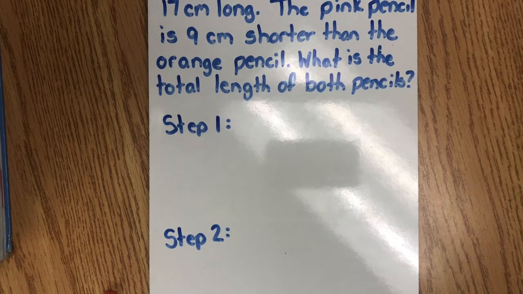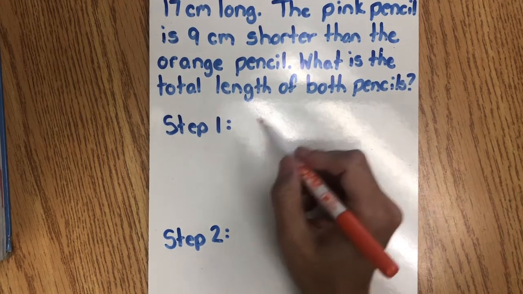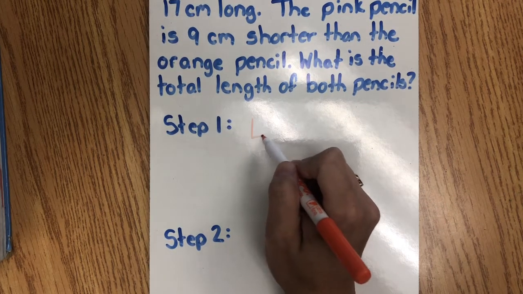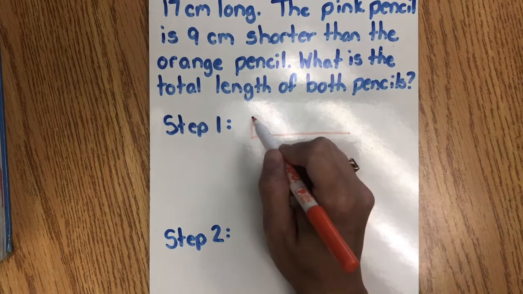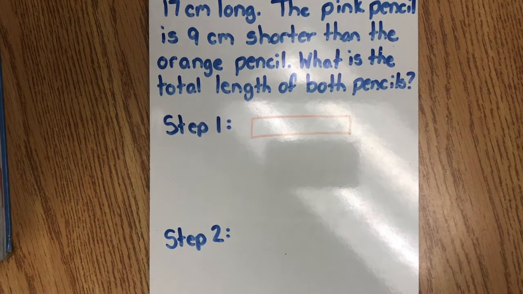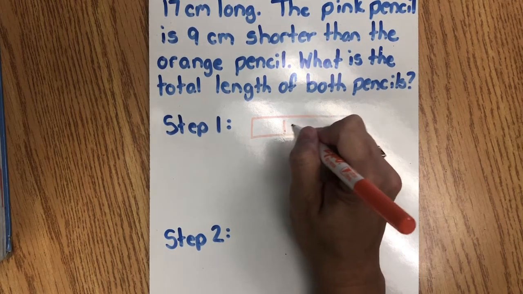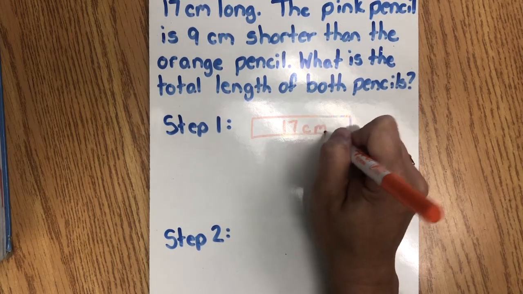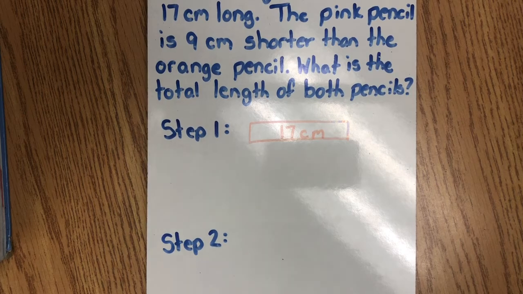So what is step 1? We do know that the orange pencil is 17 centimeters long. So I'm going to draw a tape diagram or a rectangle in orange. That is 17 centimeters. That represents my orange pencil.